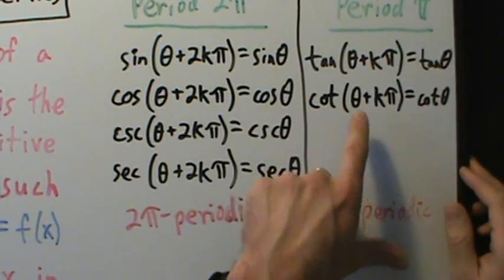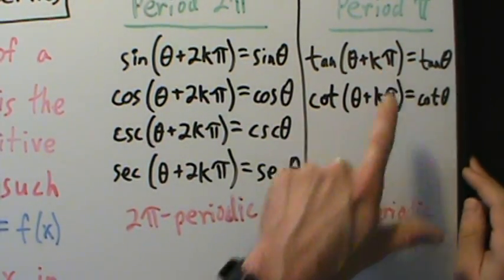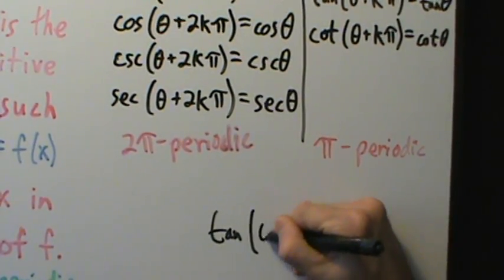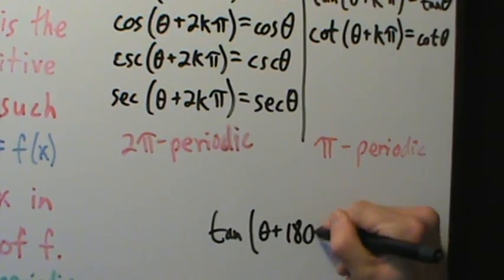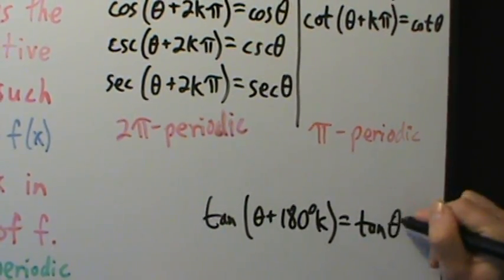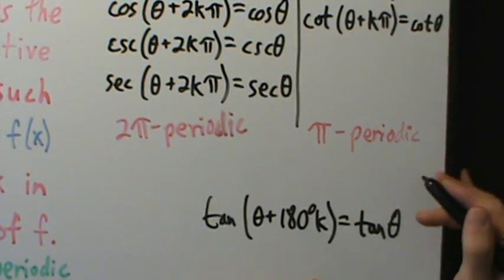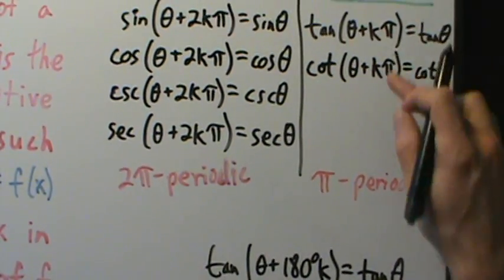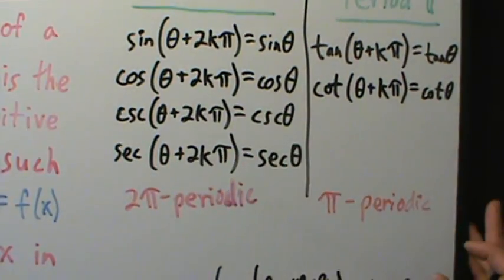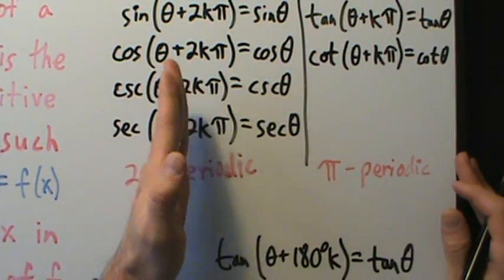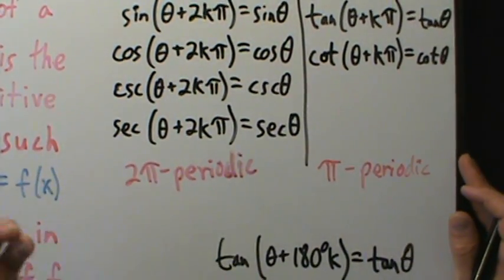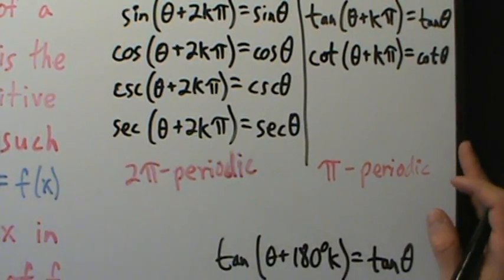Oh, and also k pi, remember pi radians is 180 degrees, so we could also say things like tangent of theta plus 180 degrees times k equals tangent of theta, okay? Where k is any integer. If you want to express it in degrees, then these would all be 360 degrees because it's 2 pi. So just remember, k represents any integer, so any integer multiple of 2 pi, meaning 2 pi, negative 2 pi, 14 pi, negative 136 pi, and so on.